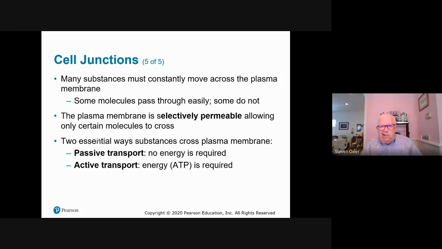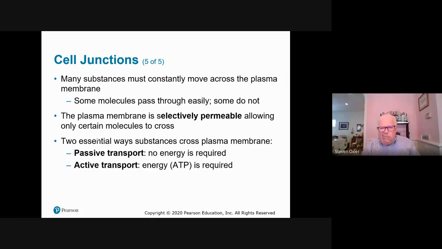These junctions constantly allow substances to move in and out of the cell through the plasma membrane. The plasma membrane is selectively permeable, allowing only certain molecules to cross and stopping molecules that you don't want inside your cell. There are two ways that these substances cross the plasma membrane: either passive transport or active transport.